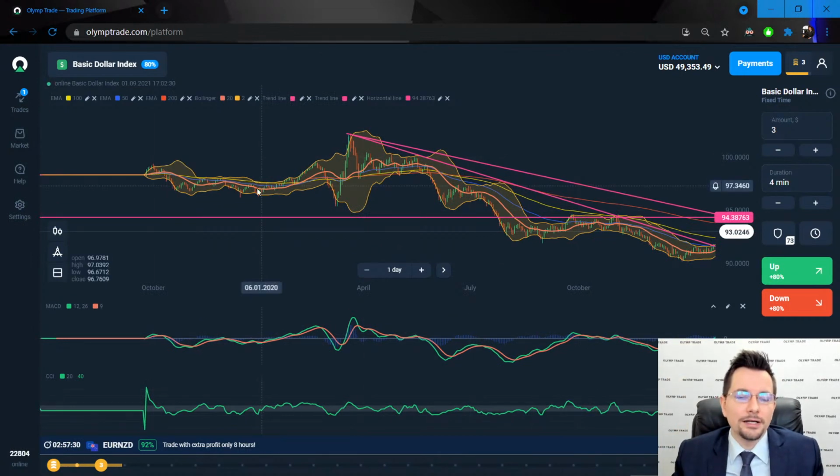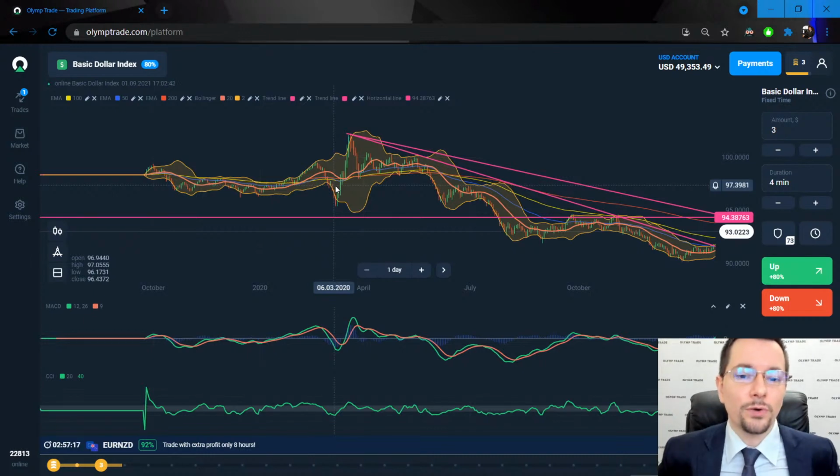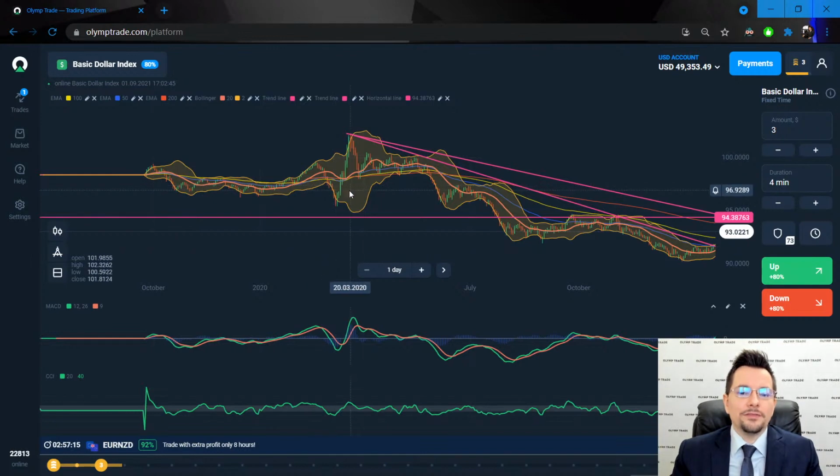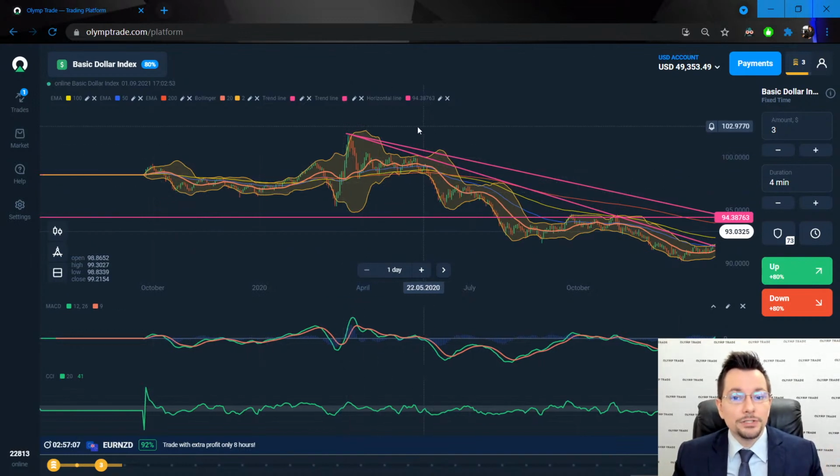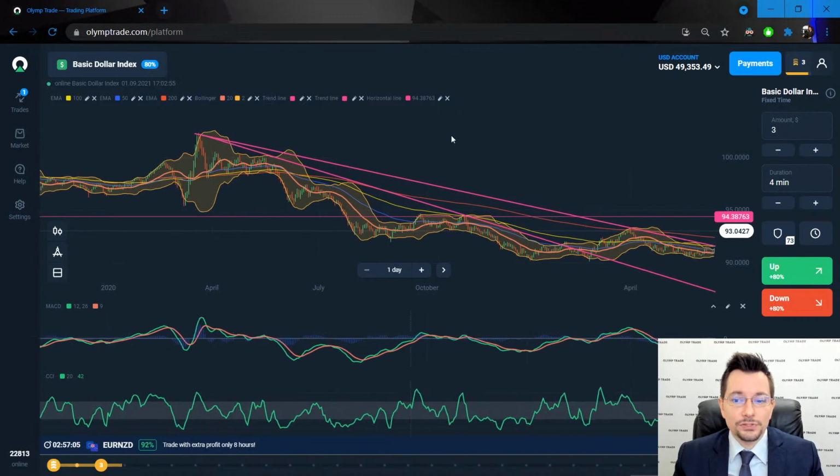It was getting higher, and then all of a sudden we had a massive drop when the pandemic started to transfer out of China into other countries, when the surrounding countries were infected, and the US was infected quite early as well. And then the markets priced everything in, and the chaos hit everything, and that's when the US dollar spiked up to the highest it was, and from there was a slow leg down.